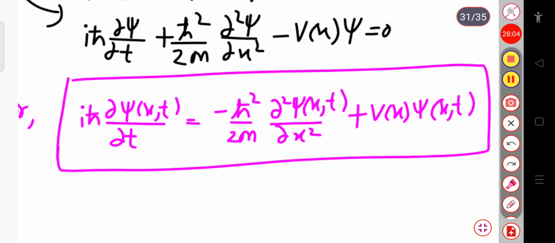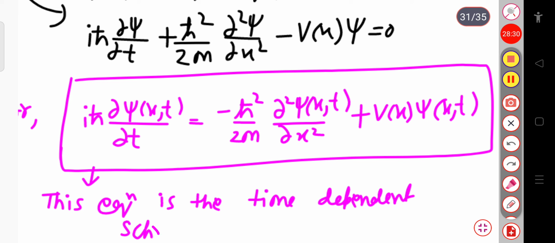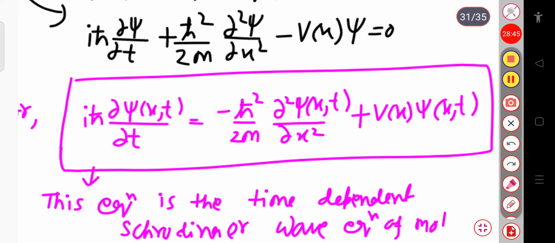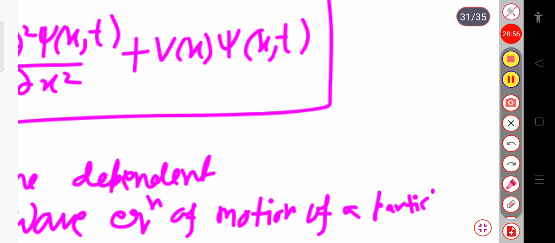this equation is called the time dependent Schrodinger wave equation of motion of a particle in one dimensional motion, in 1D.